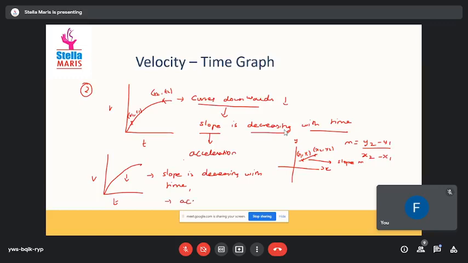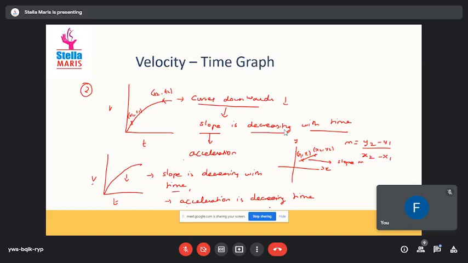Then acceleration is decreasing with time. You understand this? When the curve is in the downward direction in a velocity time graph, the slope is decreasing with time and the acceleration is decreasing with time.